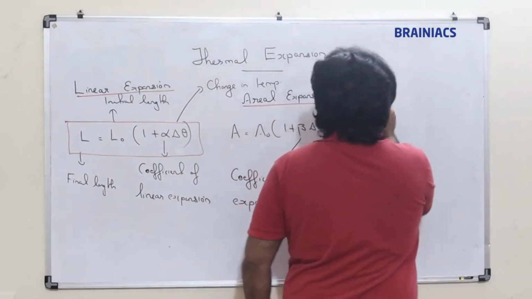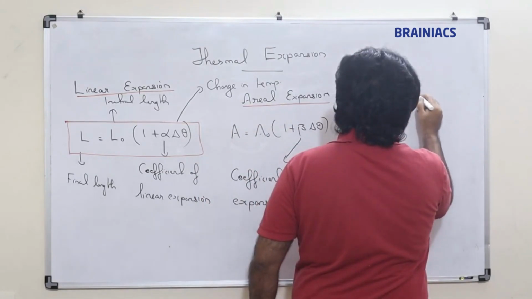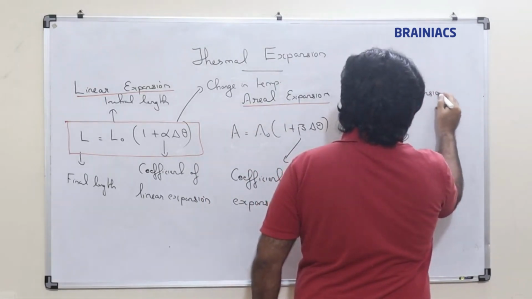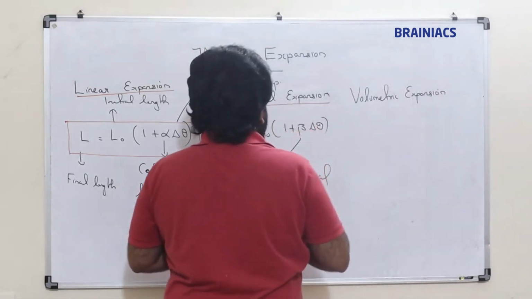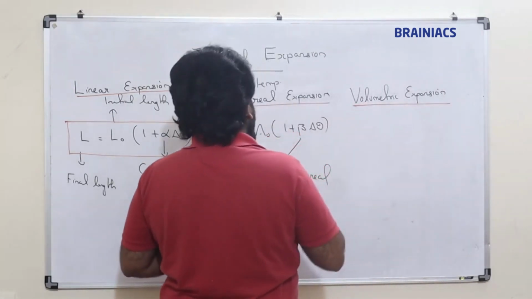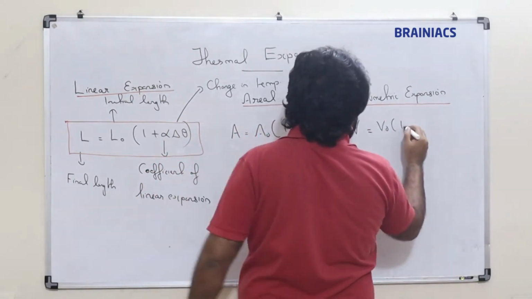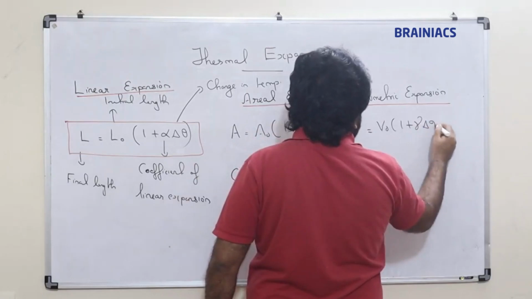Then the third one, volumetric expansion, same structure, same formula. V is equal to V naught into 1 plus gamma delta theta.